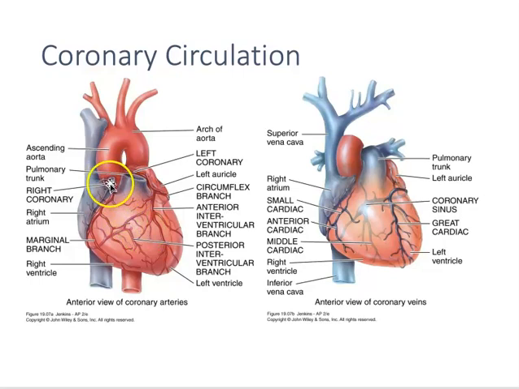Right at the base of the aorta, you'll see there's a right coronary artery and a left coronary artery. The right coronary artery is going to curve around the heart toward the back. There's a main branch here called the marginal branch, and then there's this branch that's coming around the back and then down the middle of the posterior, so it's simply called the posterior interventricular branch of the right coronary artery.